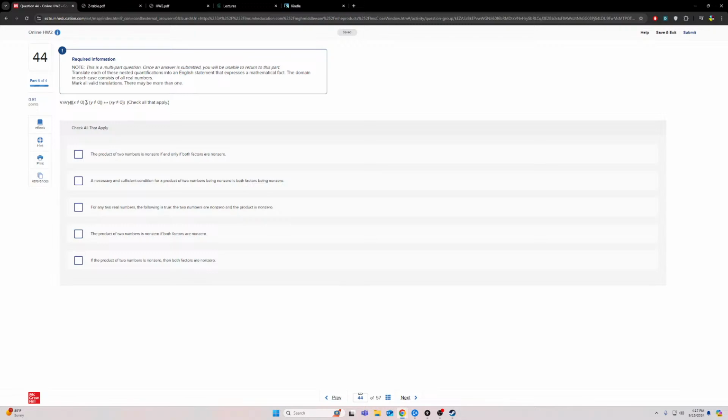For all real numbers, what is the truth table for if and only if? If they're both true, if they're both the same value. So if this one's false, this has to be false, and if this is true, this has to be true.